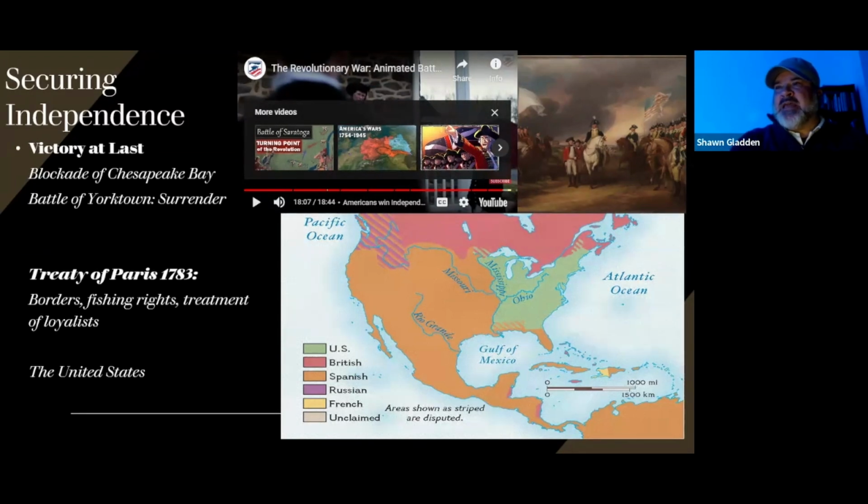And what comes out of the Treaty of Paris? The Treaty of Paris basically gives us the map that we see here on this slide. Everything that you see in this light green area here, from the original 13 colonies all the way out to the Mississippi River, that is now the United States.